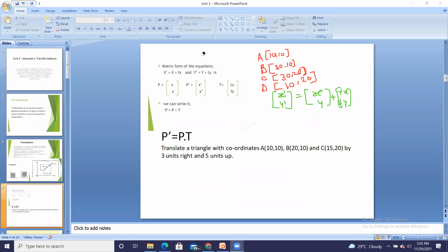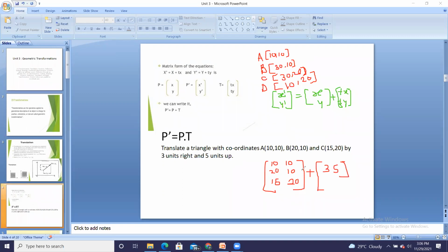Or simply, whenever I am having, let us say earlier, a triangle, here 10, 10, 20, 10 and 15, 20. Here, as it is a two-dimensional object having 3 coordinates, I cannot simply add 3 and 5 to it.